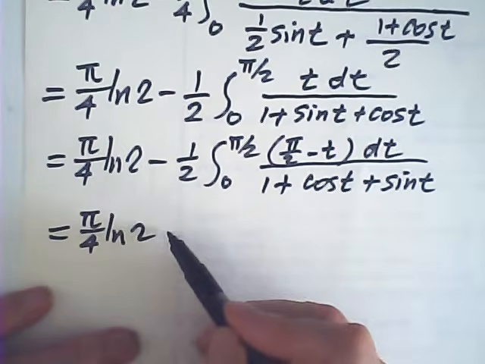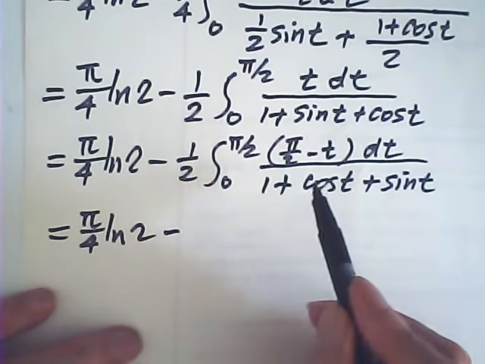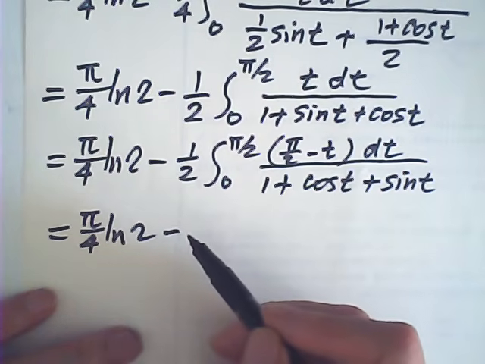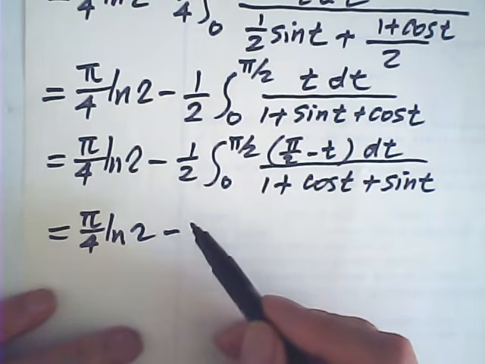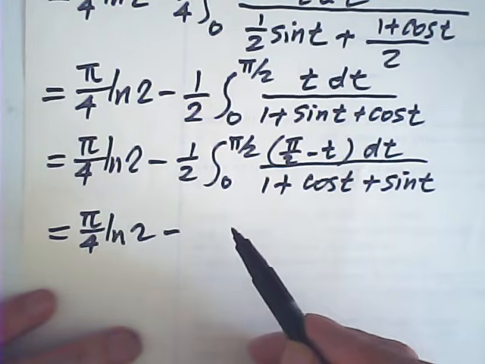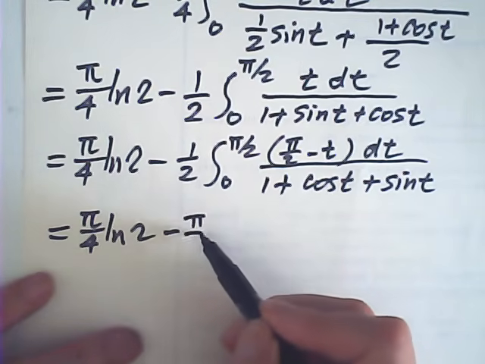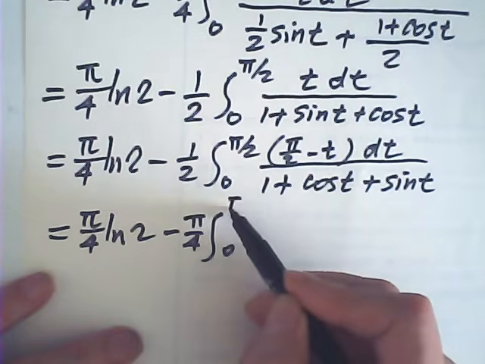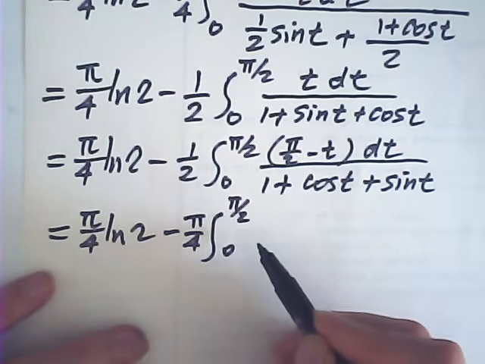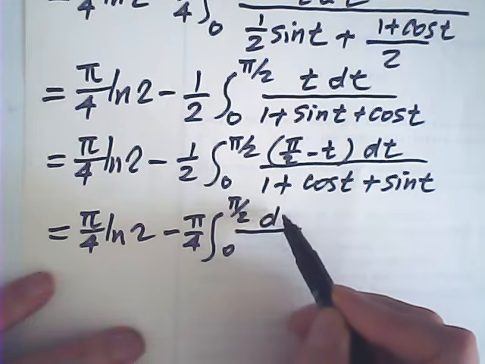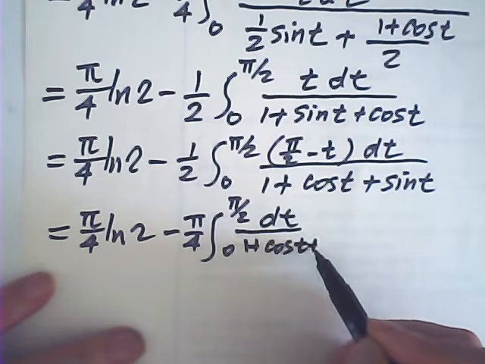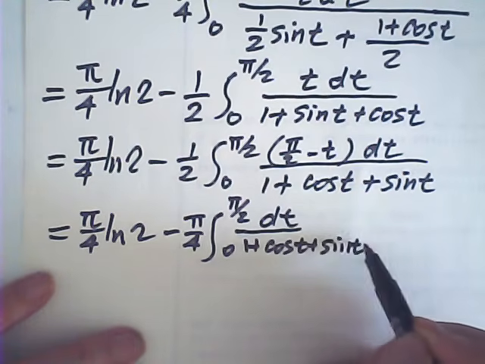So log 2 minus, I have two integrals, right? The first one is 1/4 pi, this one times this one, from 0 to half pi, dt, and 1 plus cosine t plus sine t.